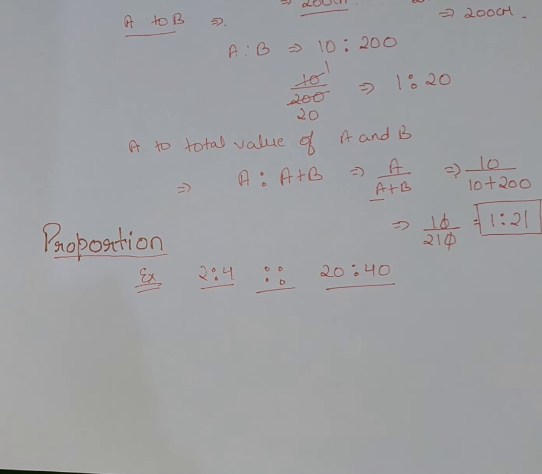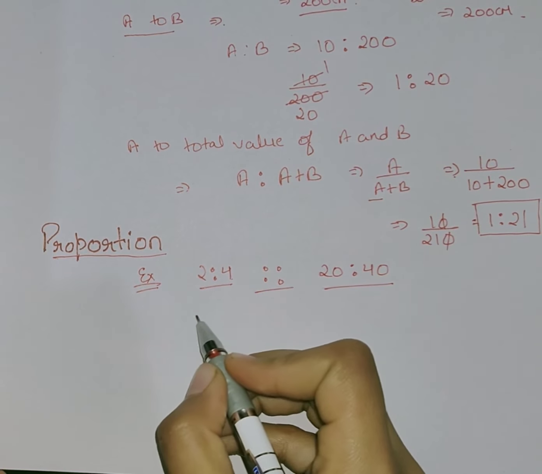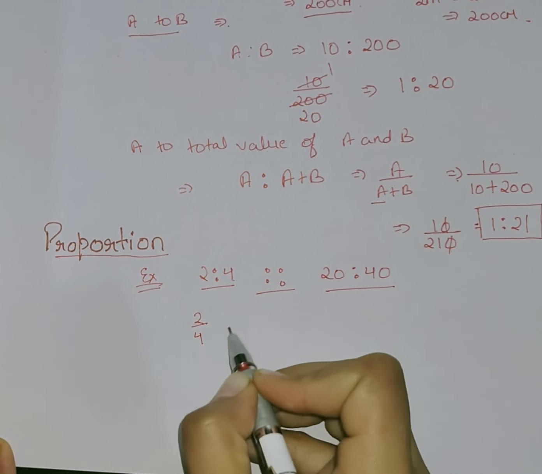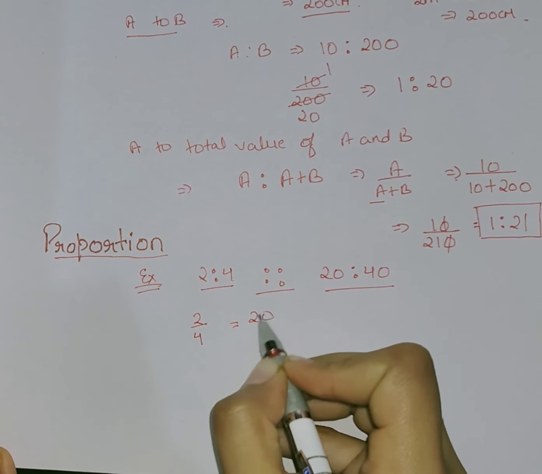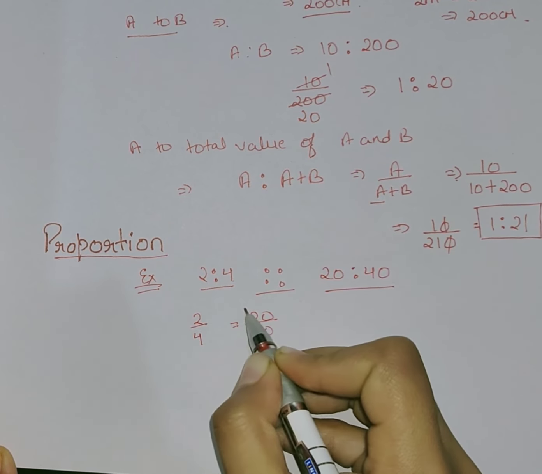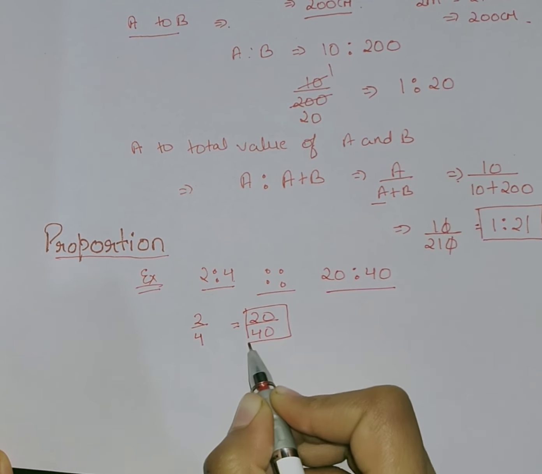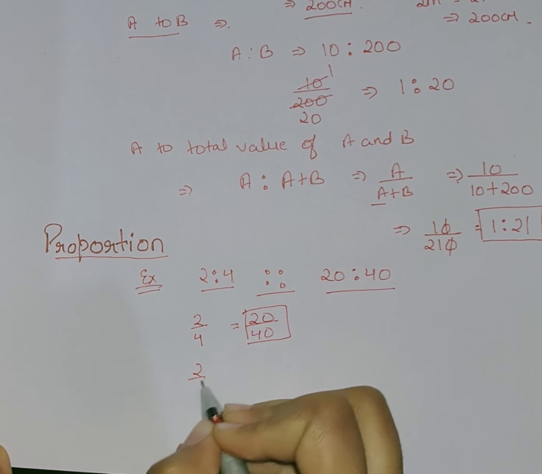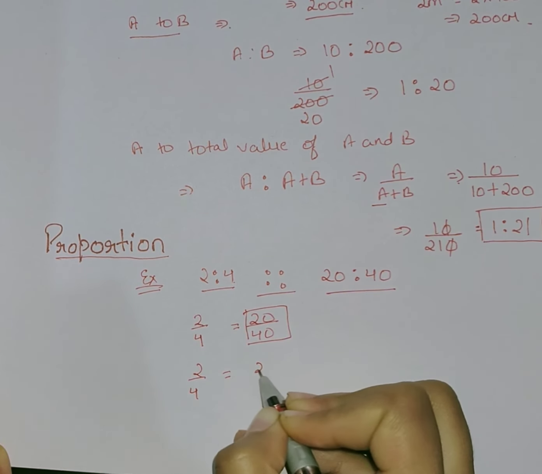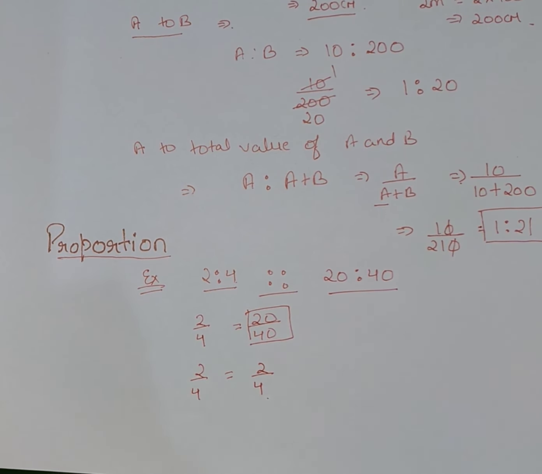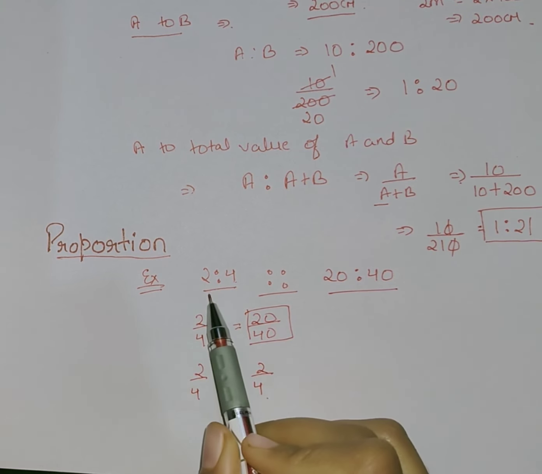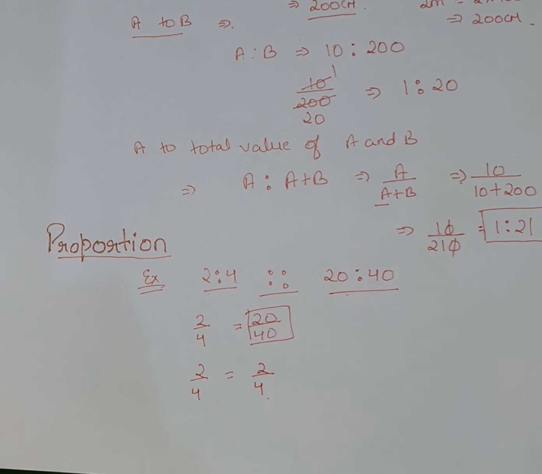It means equal, equivalent. So here 2 upon 4 is equal to 20 upon 40. How? When we simplify this 20 upon 40, we get 2 upon 4. So the ratios 2:4 and 20:40 are in proportion.